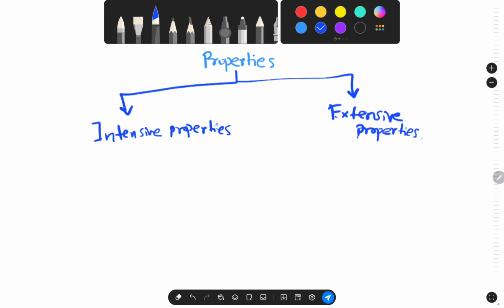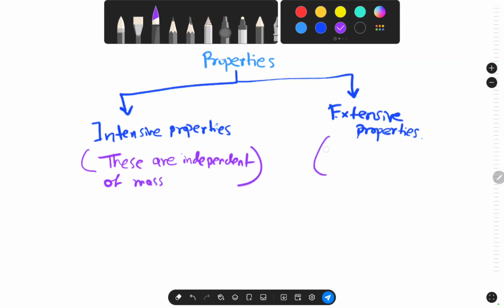Intensive properties are independent of mass, and extensive properties are dependent on mass.